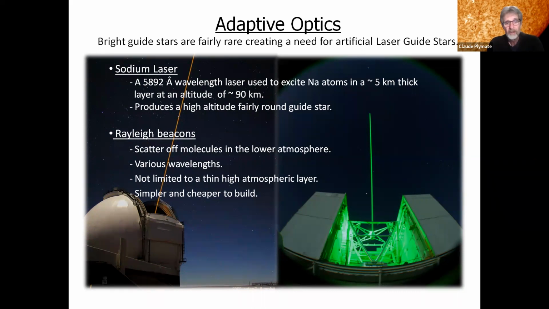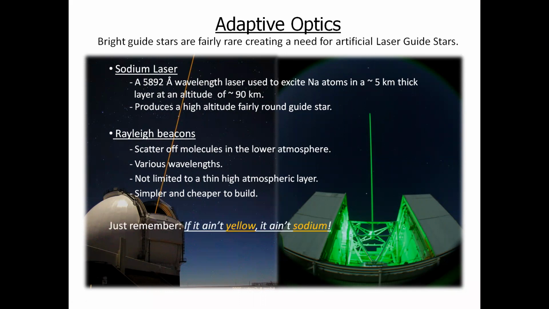However, if you're trying to image something in that sodium wavelength, this is another option. Also, Rayleigh beacons are simpler and cheaper to build, so there is a trade-off. Basically, just remember, if it ain't yellow, it ain't sodium.